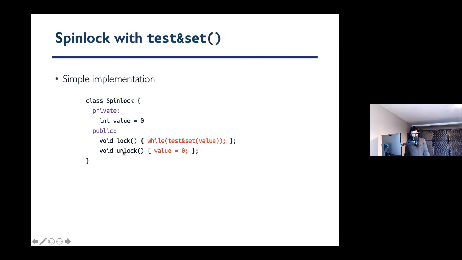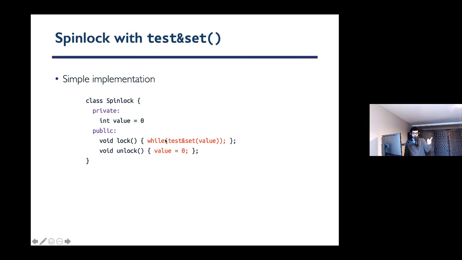And later on, the first one who locked this spin lock will call unlock. At that point, the value becomes 0. Now, the moment the value becomes 0, one of the ones that are now waiting on this while will see this value turn to 0, because this test and set returns the value, and it sets it to 1.